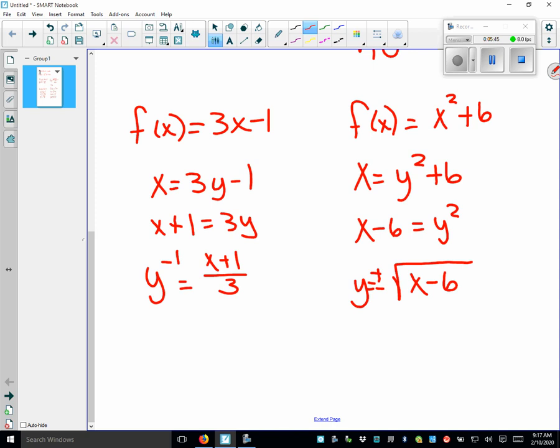Right, plus or minus radical x minus 6. I won't count off for that, Gracie, because the negative 1 means it's an inverse, but I just want you all to be able to recognize that's what that means.